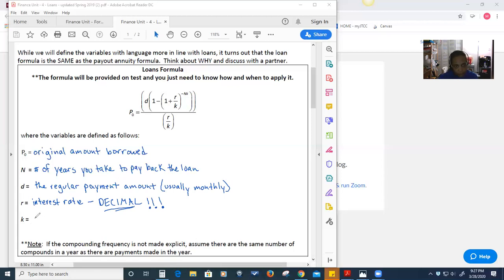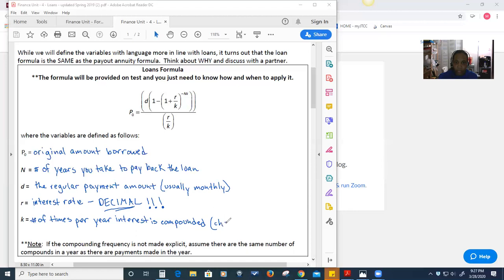K is still the number of times that the interest is being compounded per year. So number of times per year that the interest is compounded.